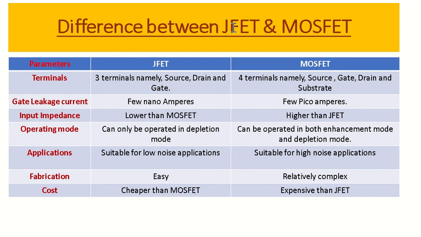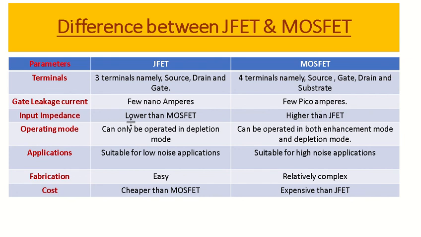So we have learnt the difference between JFET and MOSFET. JFET is a 3-terminal device: source, drain and gate. MOSFET is also 3-terminal actually, but including substrate we can say it is a 4-terminal device: source, gate, drain and substrate. Leakage current is of the order of nanoamps in case of JFET, and picoamps in case of MOSFET.